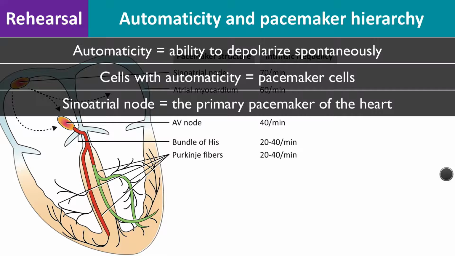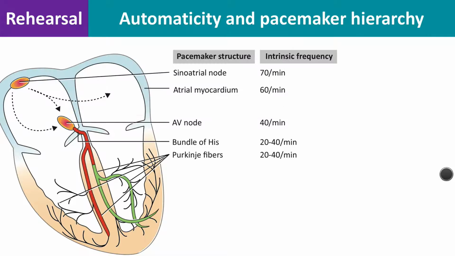Now, the sinoatrial node has an intrinsic rate of spontaneous depolarization, and that is 70 depolarizations per minute. This means that during normal circumstances, the cells in the sinoatrial node depolarize spontaneously 70 times per minute. And this would lead to a heart rate of 70 beats per minute.